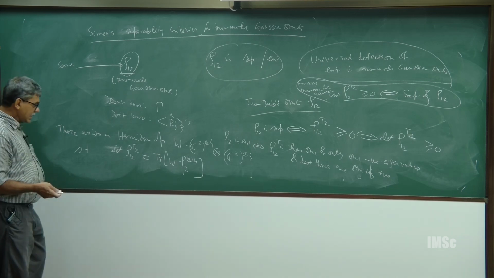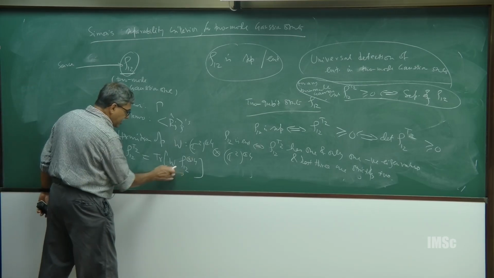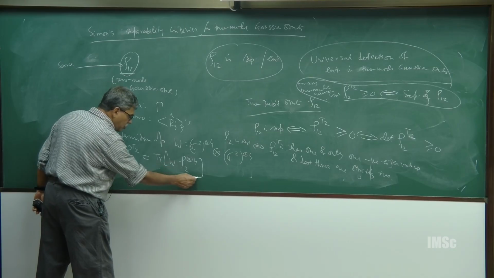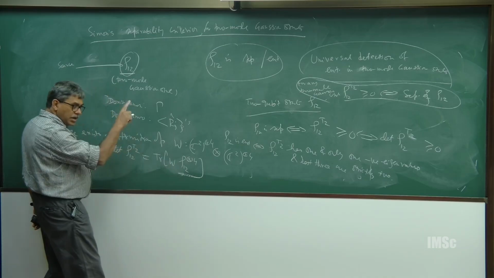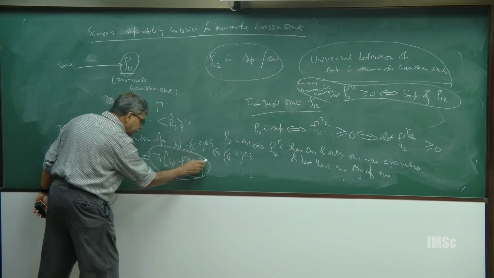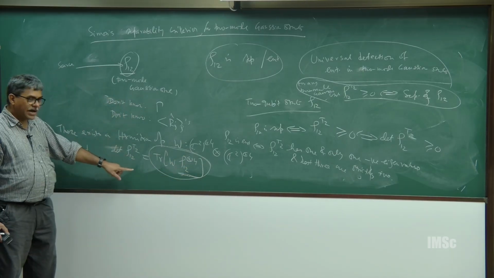So, what does it mean? It means that this is a Hermitian operator and you are measuring this Hermitian operator on these 4 copies of your 2 qubit state, right. Now, if this turns out to be negative, then you know that the original state is entangled.